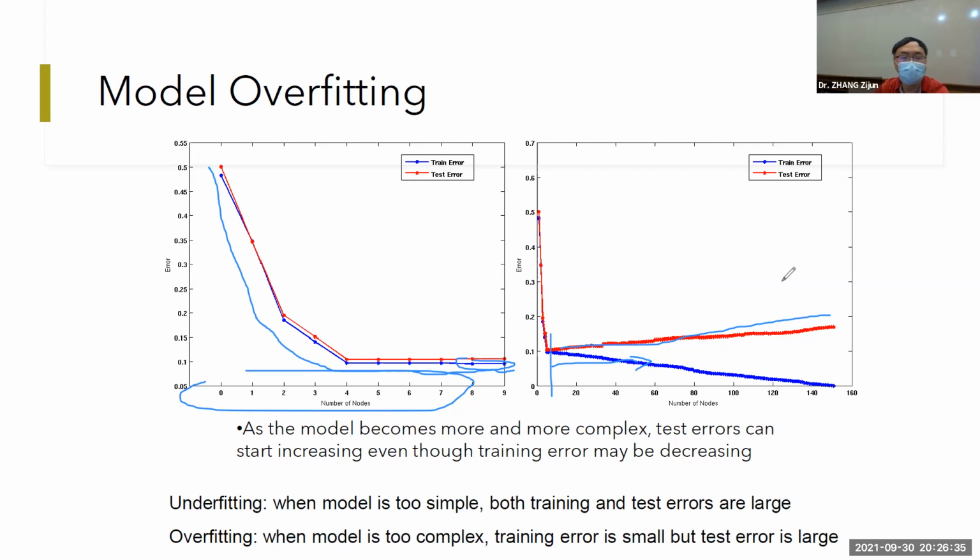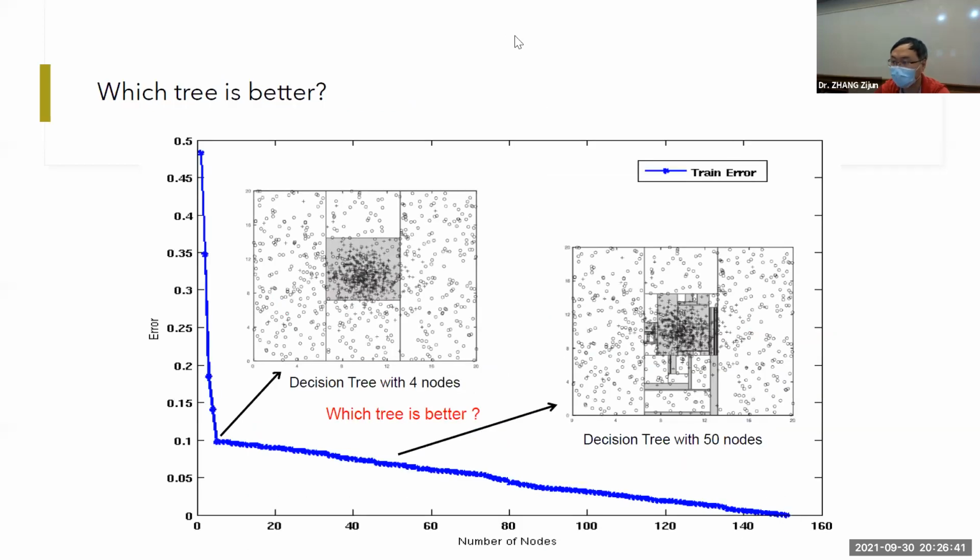This indicates that the previous very specific decision rules, the separation of this particular area, is quite biased. It is very subjective towards this particular data set, but not generalized enough for other cases.